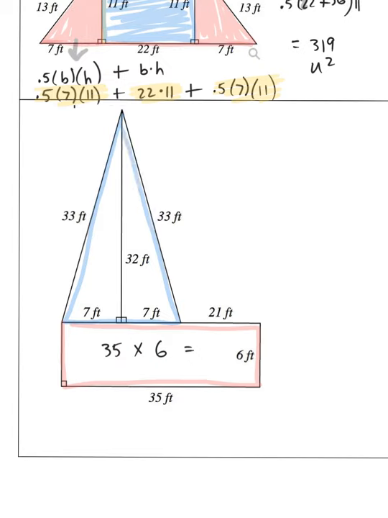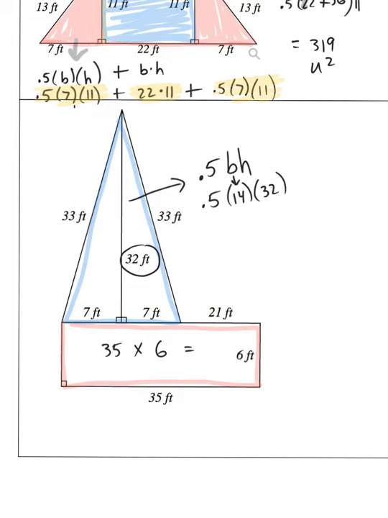All right, so if you remember, the formula for the area of the triangle is 0.5 times the base times the height. The base of the triangle is right here all along the bottom, 7 and 7, so our base is 14. That's our base. And the height of the triangle is from the base all the way to the top of the triangle. So this right here is my height.